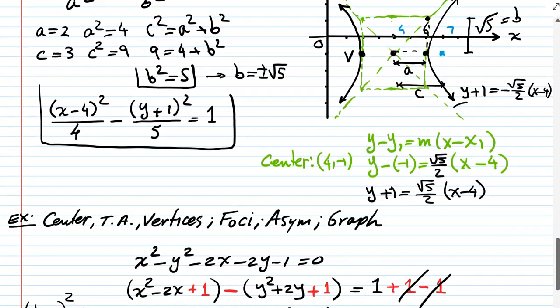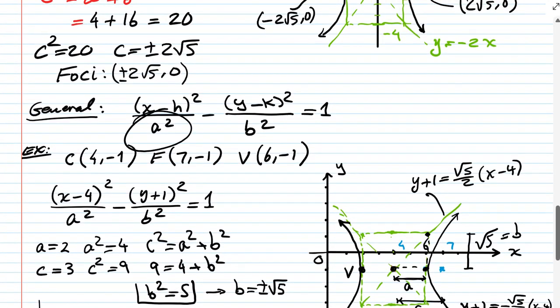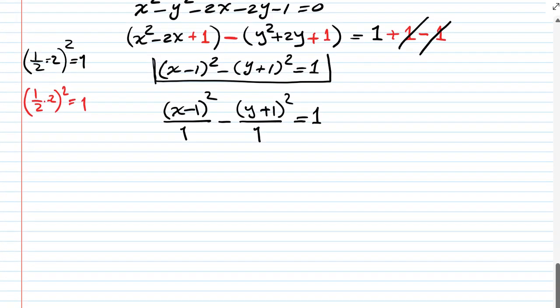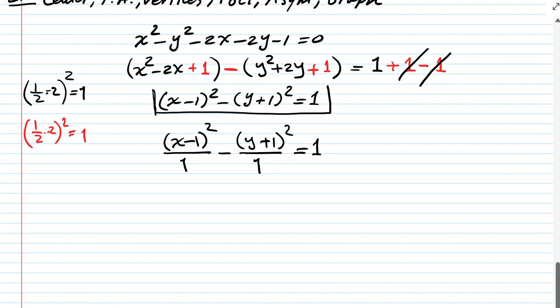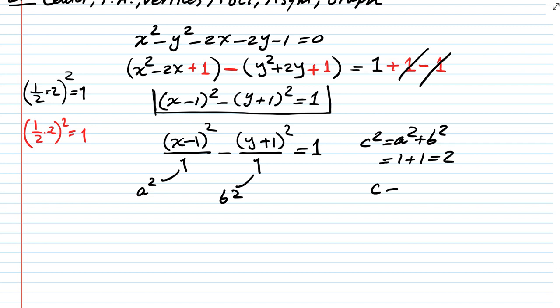Because remember, the standard form has a squared and b squared in the denominator. So I need to see those explicitly, and I'm looking at them now. So this one is going to be a squared, this is going to be b squared, they're equal. C squared is the sum of those two. 1 plus 1 is 2. Therefore, c is plus or minus √2.